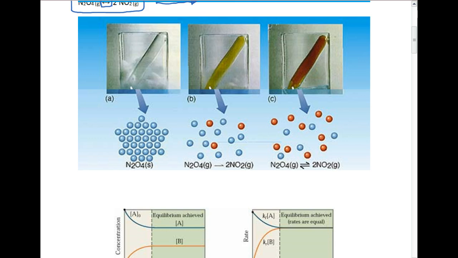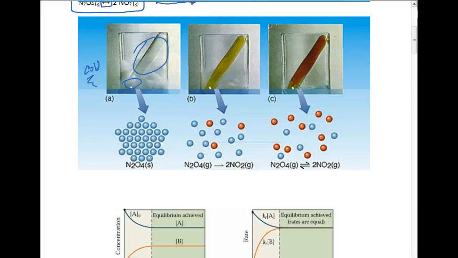Here in this picture, we have N2O4 solid, and this has been cooled down, very cold, below the melting point of N2O4. You can tell that the N2O4 solid is a colorless substance, and is probably going to be sitting down here at the bottom somewhere.